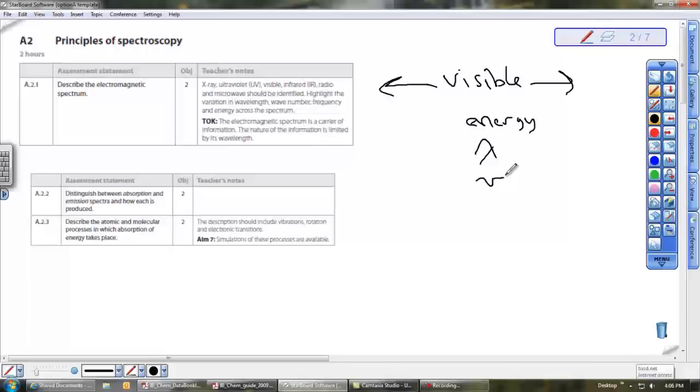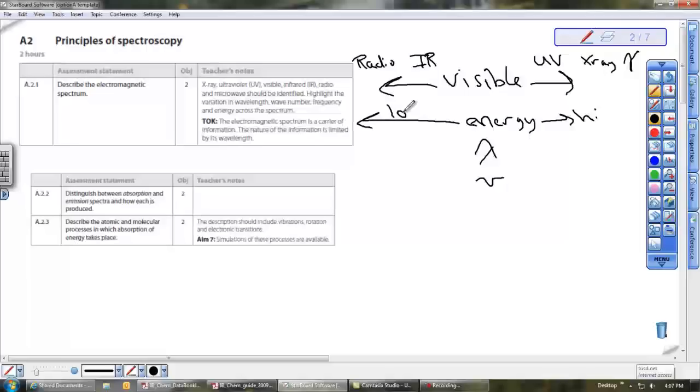So remember that types of light that are higher in energy, so I'll put high here to indicate energy increasing, are things like ultraviolet, X-ray, gamma rays, just as a reminder. And lower energy types of light are infrared, radio, microwaves down there. It's not super important that you know all the types, so this would be lower energy.